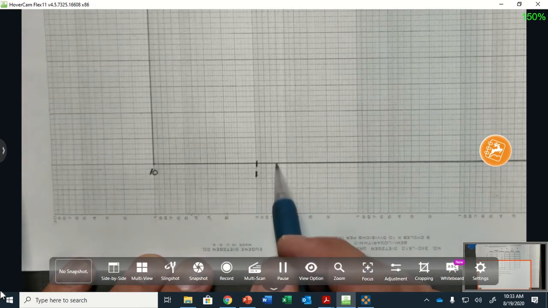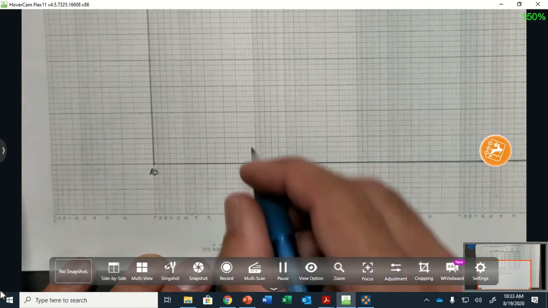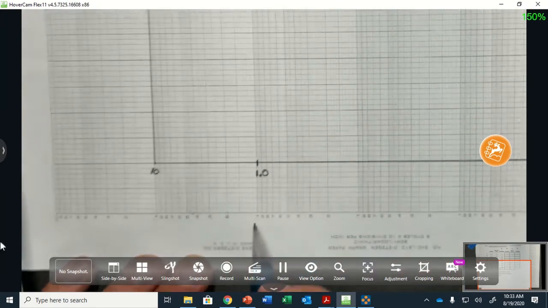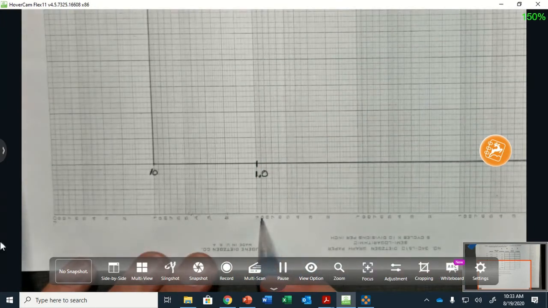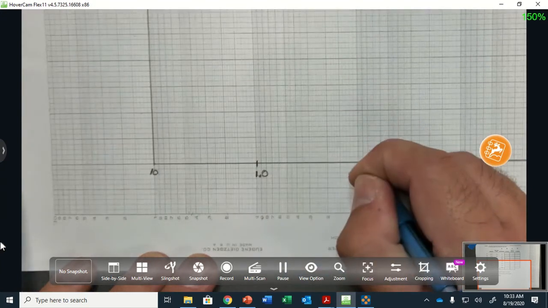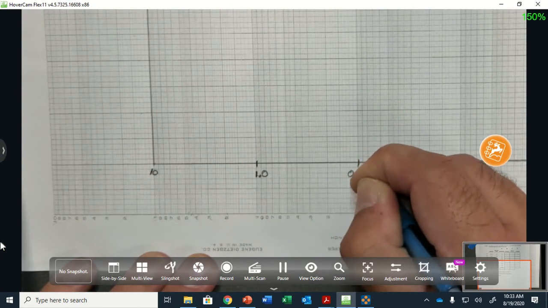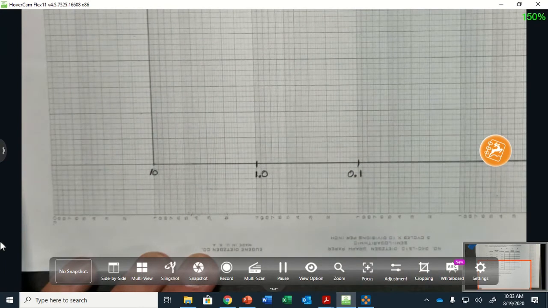Now if I keep going backwards, this is 1, so I'm going to put 1.0, so you know it's a whole number. Now, what's the first decimal place less than 1? Isn't this 0.9, 0.8, 0.7, 0.6, 0.5, 0.4, 0.3, 0.2, 0.1? So this next set of 10 is 0.1.